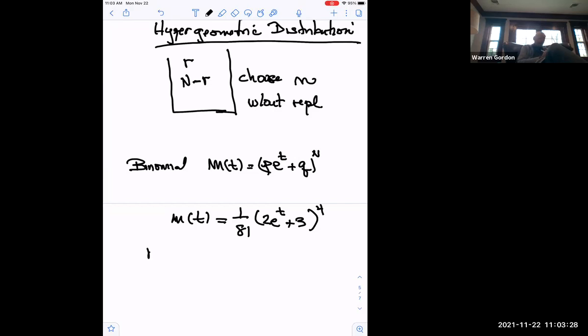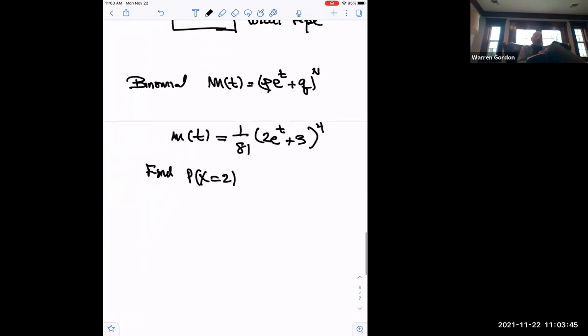And the problem is to find P of x equals 2. Now, the first thing I want to observe is I bring the 81 into the parenthesis. I mean, I'm being a little tricky here. 81 is 3 to the 4th power. So I can rewrite this as (2/3 e to the t plus, this is 3 to the 4th.